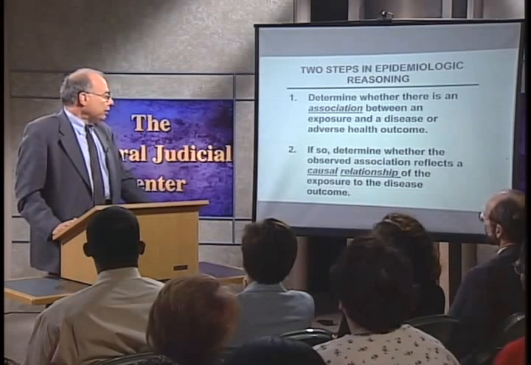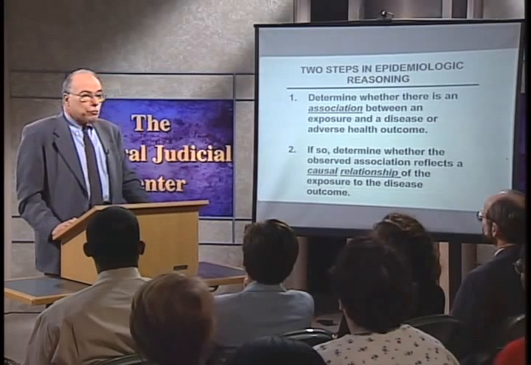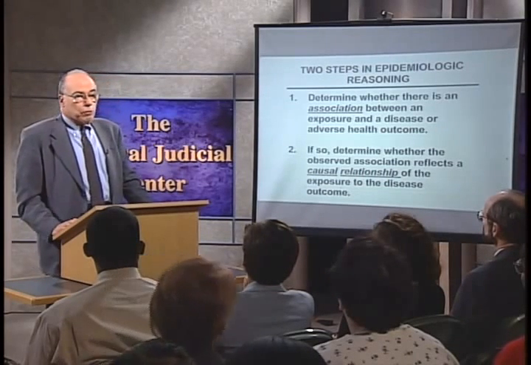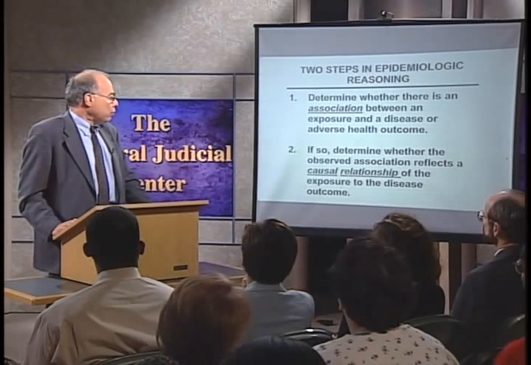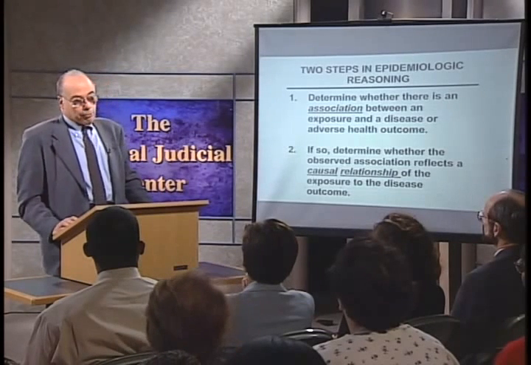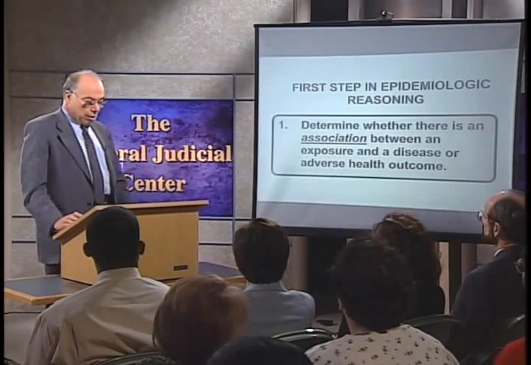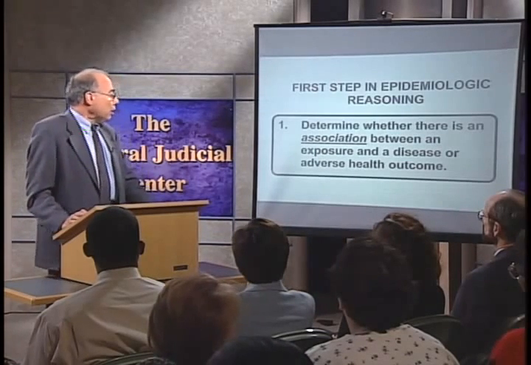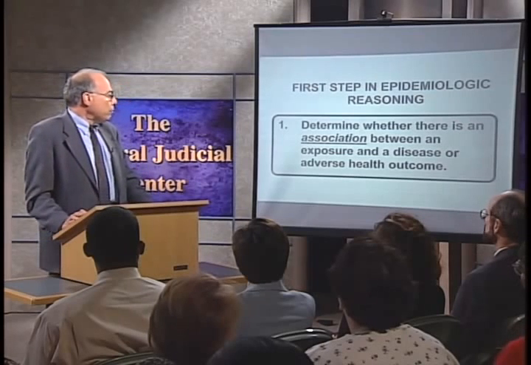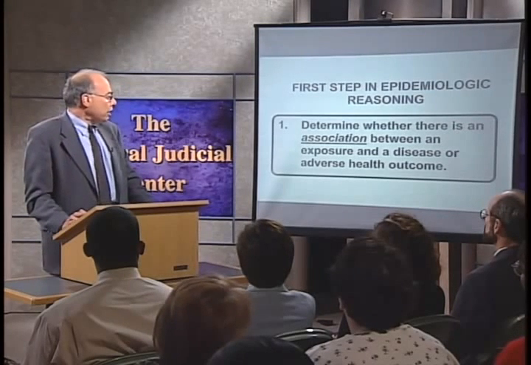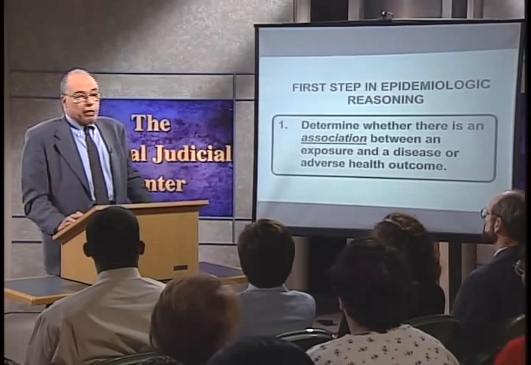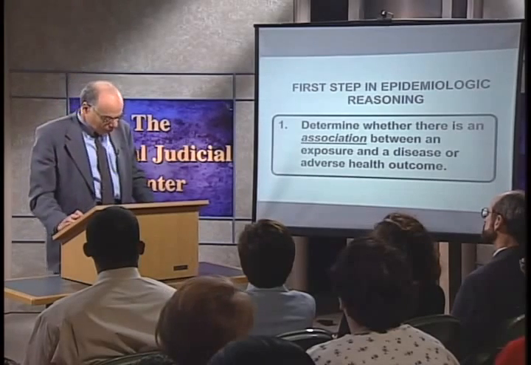If we demonstrate that there is an association, we then try to determine whether the observed association reflects a causal relationship of the exposure and the health outcome. I will first focus on the first question, to determine whether or not there is an association between an exposure and a disease or adverse health outcome.